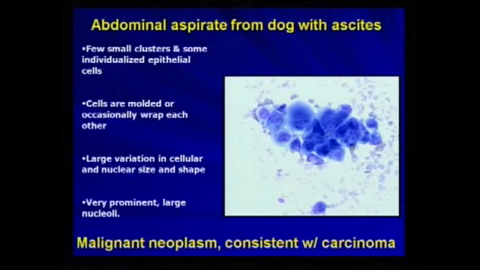So that's in my differential. And for an anatomic pathologist, you'll even get biopsies or necropsy material where you have to run special stains to determine whether you're looking at a carcinoma or mesothelioma. So either way, this is a very poor prognosis for this dog, and you're giving excellent diagnostic information to this clinician.